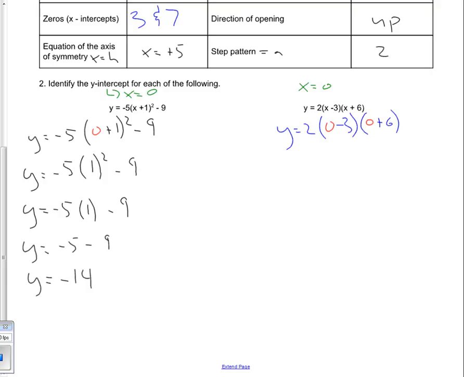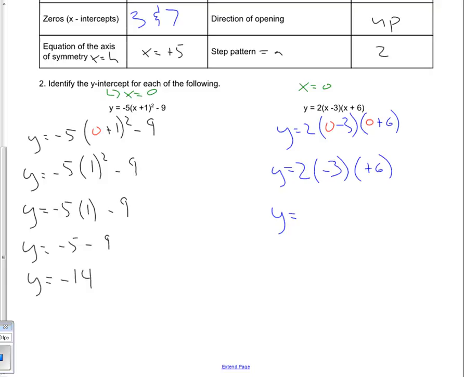So again, the rules of BEDMAS mean I have to solve for the stuff that's in the brackets. So that gives me -3 in the first bracket and +6 in the second bracket.